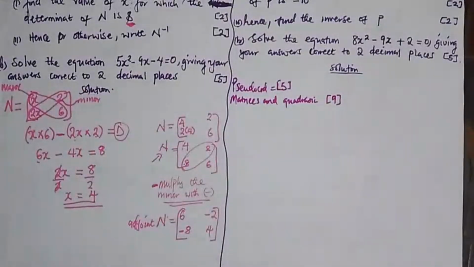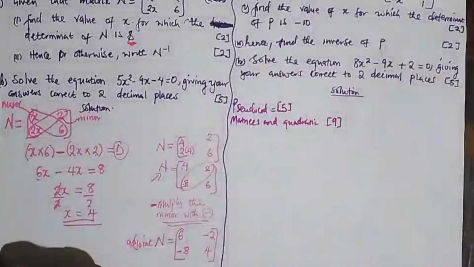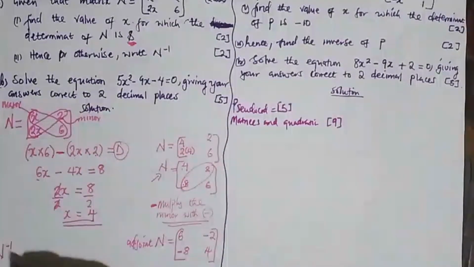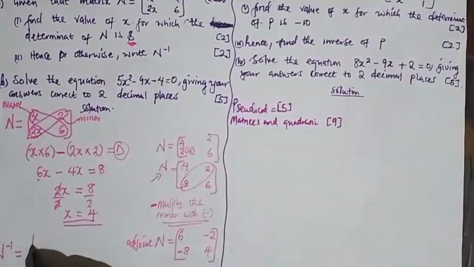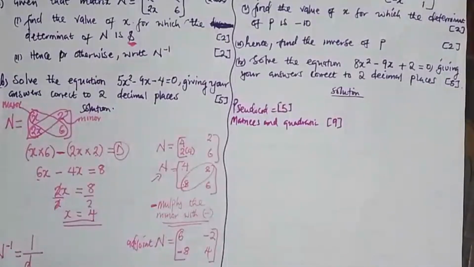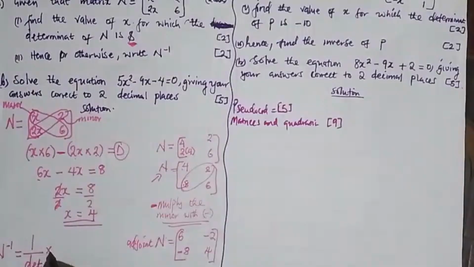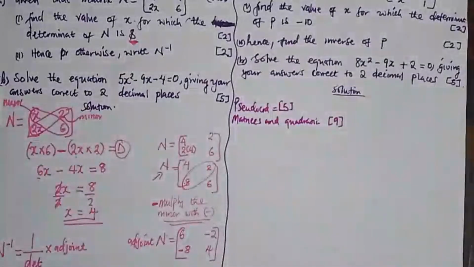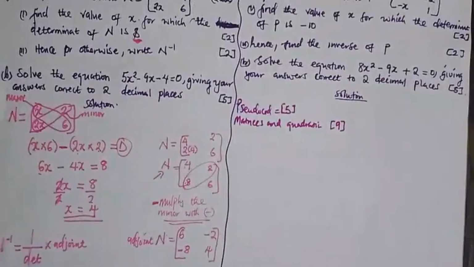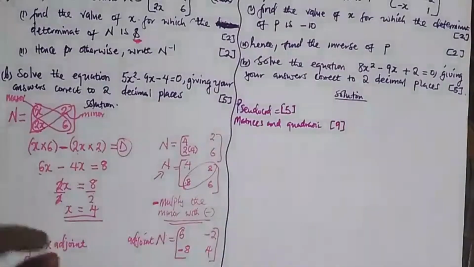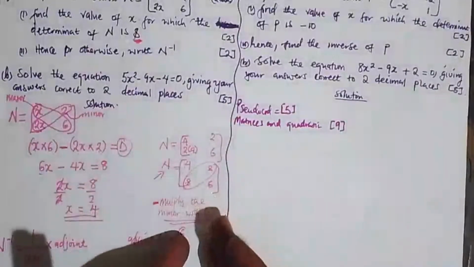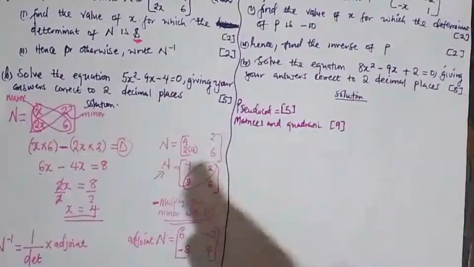You're going to say the inverse of N is equal to 1 over determinant times adjoint. Yeah. So this is the formula which we use. Since this is the last minute revision, no need of knowing this formula. Just know that you need to know the adjoint and the determinant.